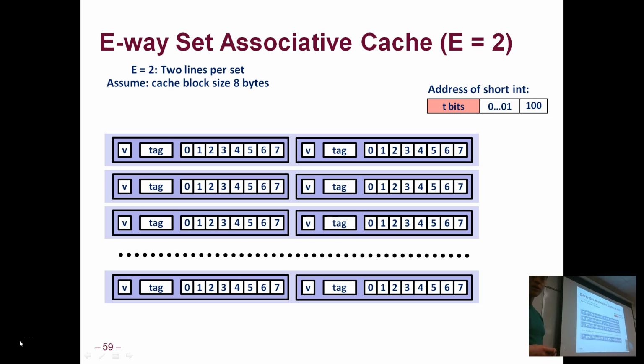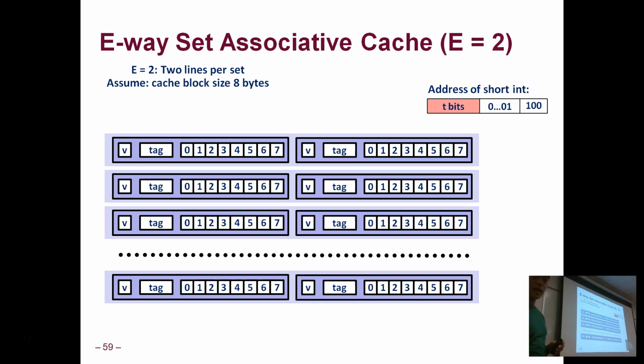So here's an example of a two-way set associative cache. The book uses E-way, where E is equal to 2. So in this case, this is the picture of it. Each set, which is the horizontal blue box, has 2 entries that it supports.